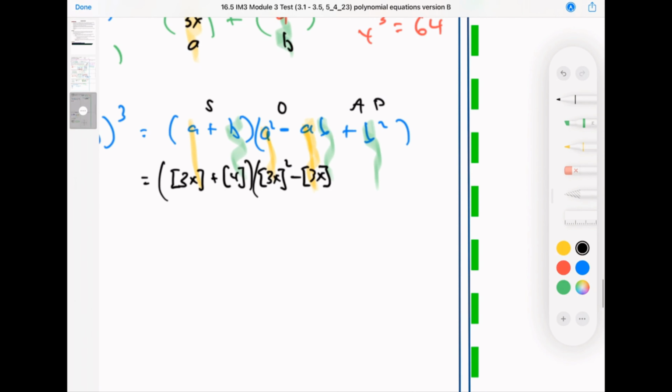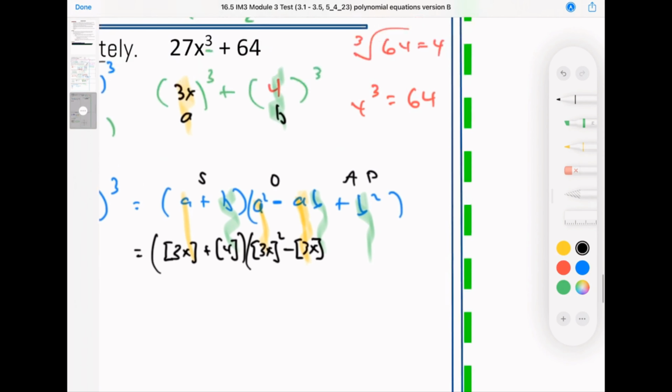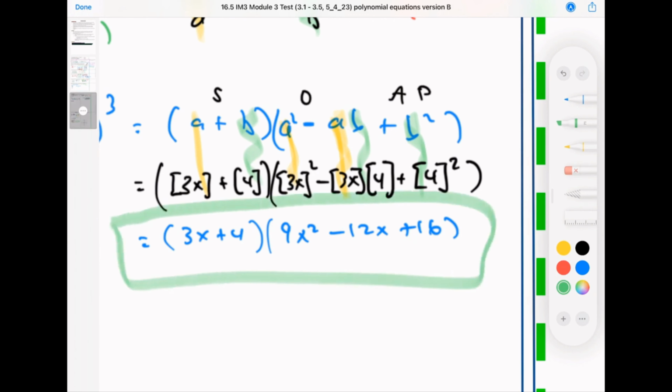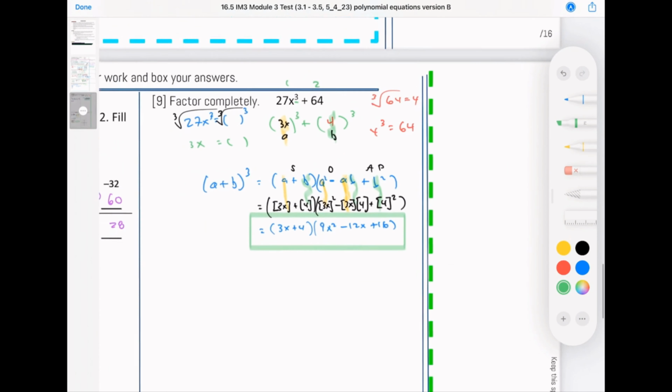B value is 4 plus 4 squared. So I don't need those, so 3x plus 4. 3x squared is 9x squared minus 12x plus 16. You'll notice that second part is never factorable again.